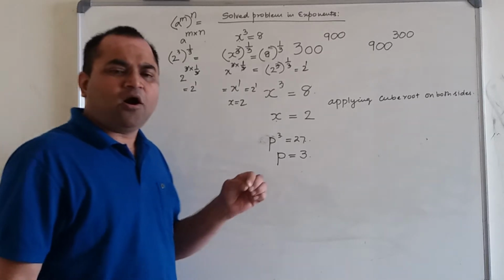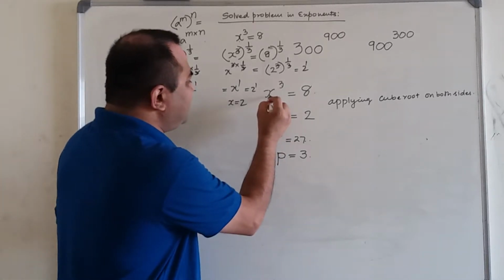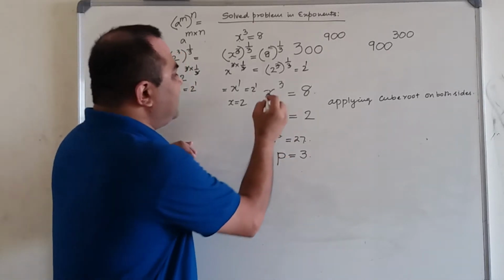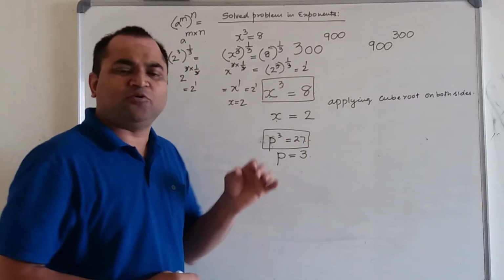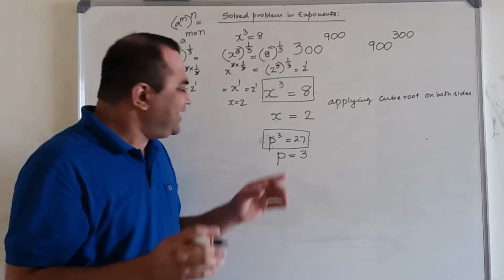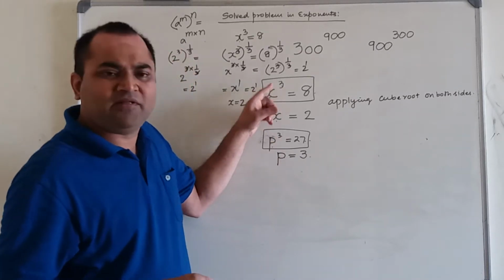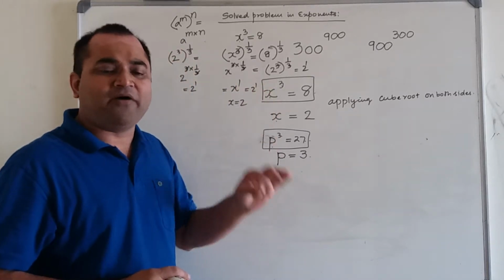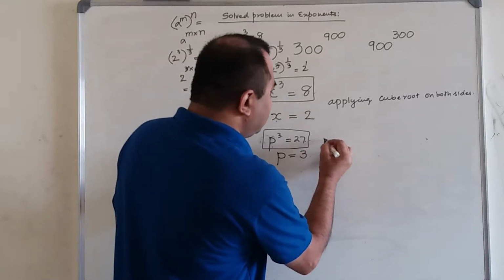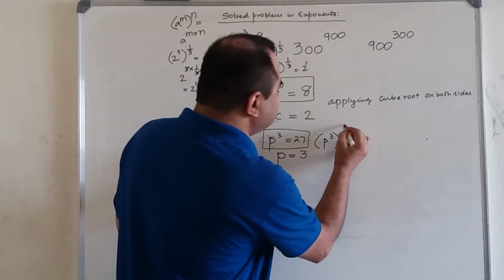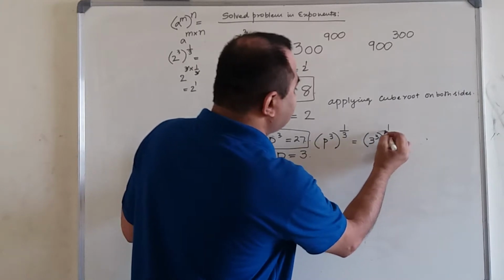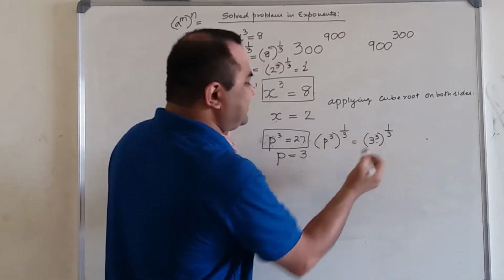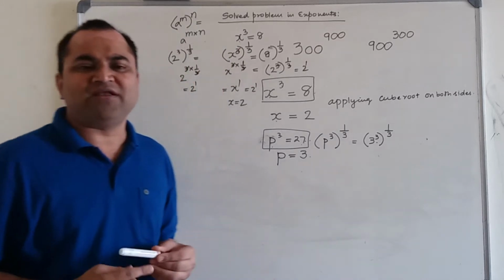So the method of finding the variable x or p when you have x cube is equal to 8 or p cube is equal to 27 is getting rid of this cube, the number 3 in the power's place, by raising both sides of the equation to power 1 by 3. 27 can be seen as 3 raised to power 3.